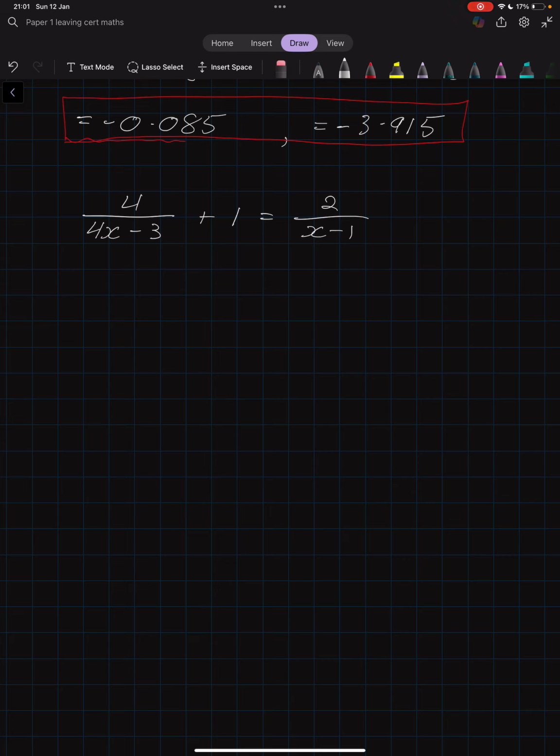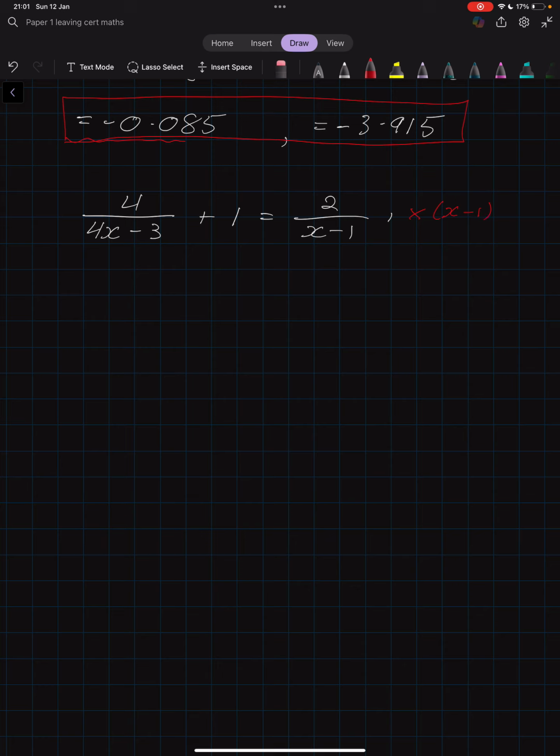So I don't have to be careful about how I'm adding fractions. I can just multiply whenever I choose. So here what I'm going to do is multiply everything by x minus 1 to get rid of this fraction.